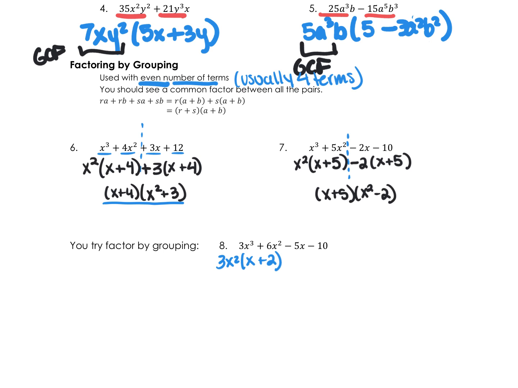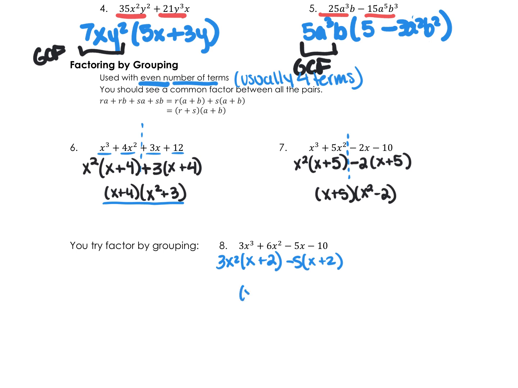On this side, we have a common factor of 5. Because there's a negative in the front here, you're going to pull that negative out with it, and you'll have an x plus 2 left when you divide by -5. Because if you divide 10 by -5, it should be plus 2. So you'll have an x left here and a plus 2, which is good because these two match.